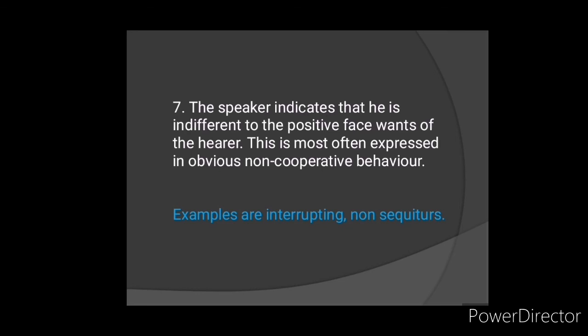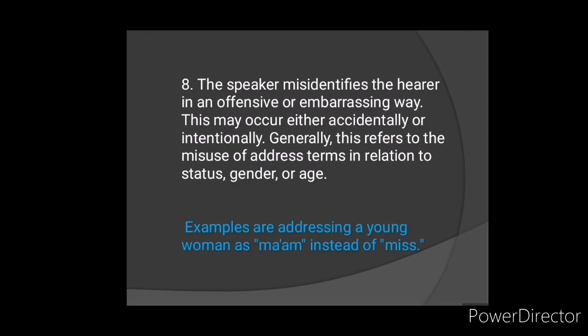Examples are interrupting and non-sequiturs. Number 8. The speaker misidentifies the hearer in an offensive or embarrassing way. This may occur either accidentally or intentionally. Generally, this refers to the misuse of address terms in relation to status, gender, or age. An example is addressing a young woman as ma'am instead of miss.